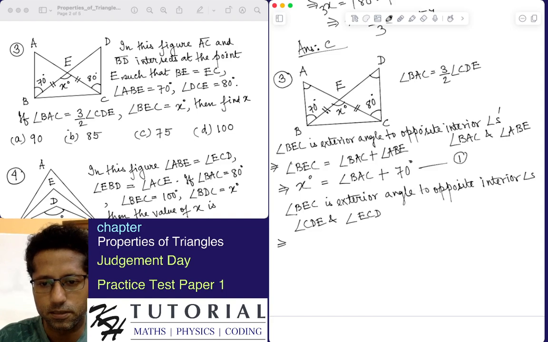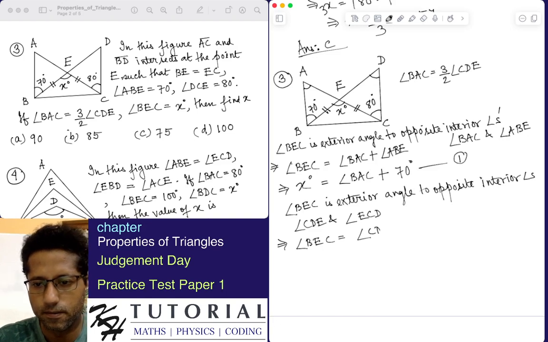So the exterior angle, that is BEC, will be equal to the sum of the interior opposite angles, that is CDE plus angle ECD.